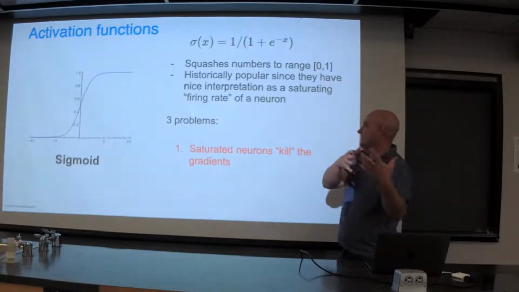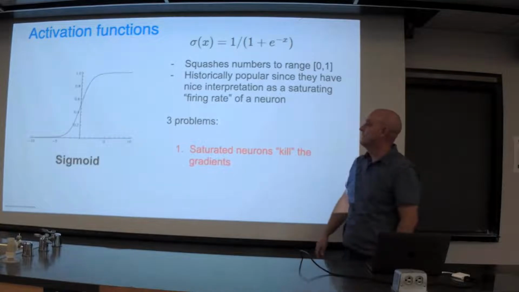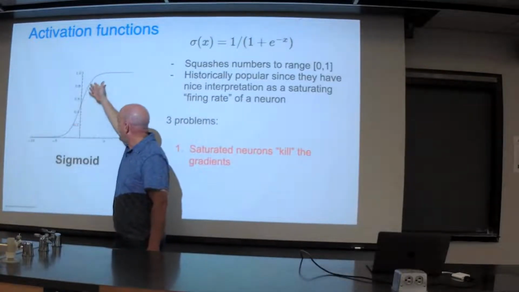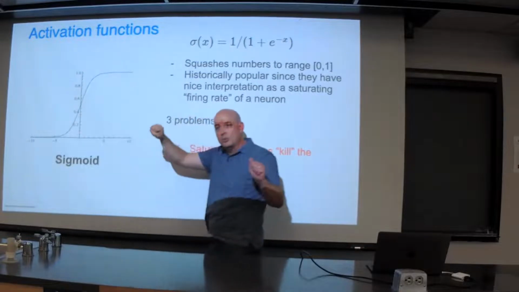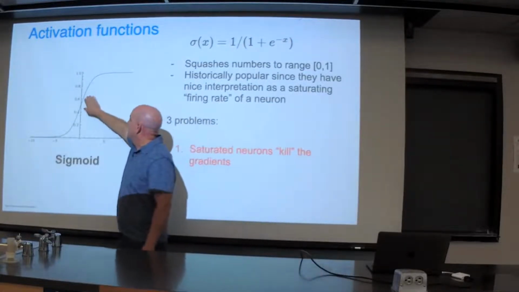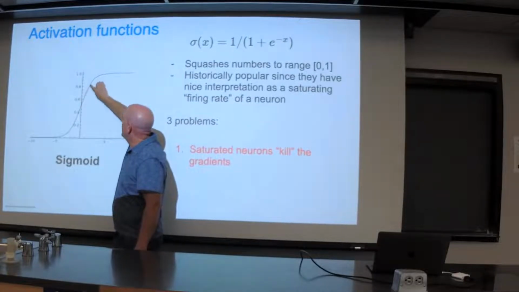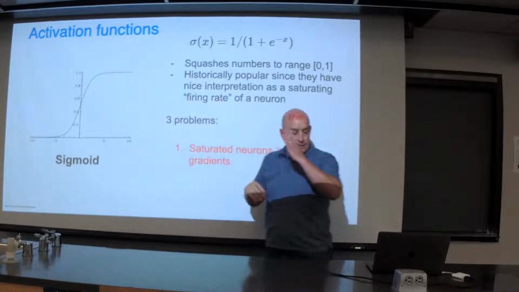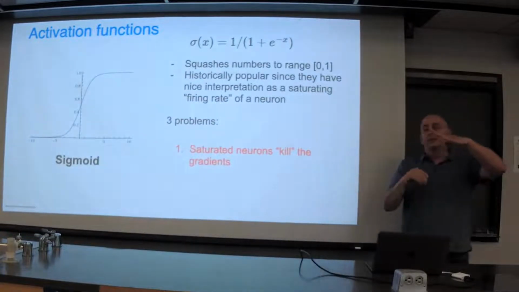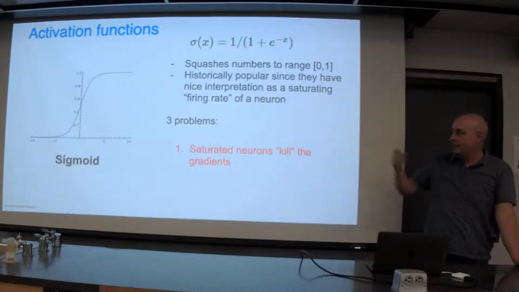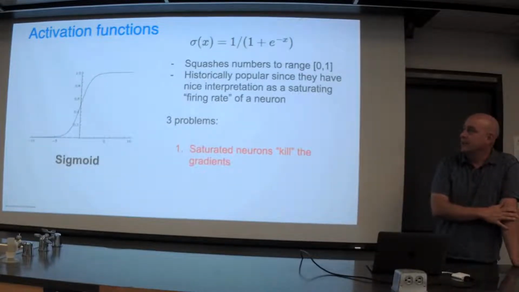So you have kind of linear behavior here, and that's good, right? That gives you a nice clean gradient, just a slope there. But as soon as you get away from zero, in either direction, that slope starts to approach zero. In fact, it approaches it pretty quickly. You can see, just from this plot here.